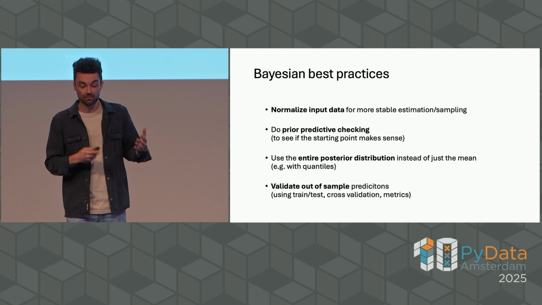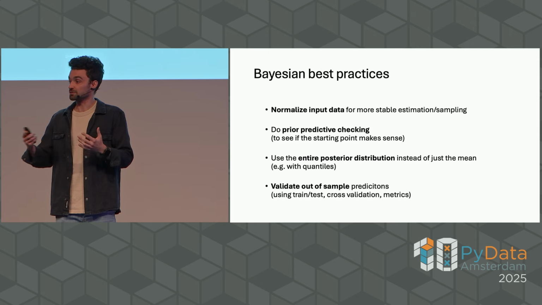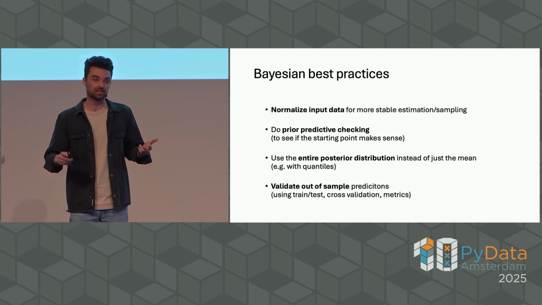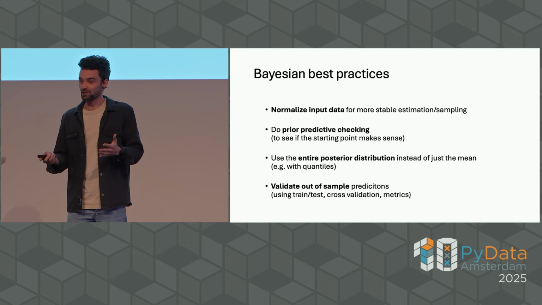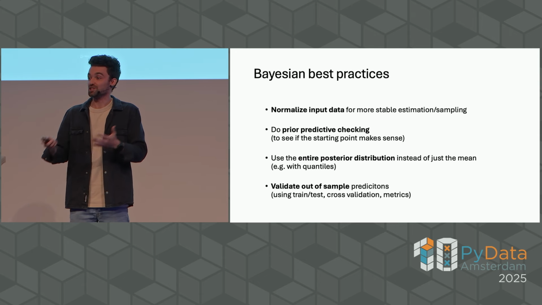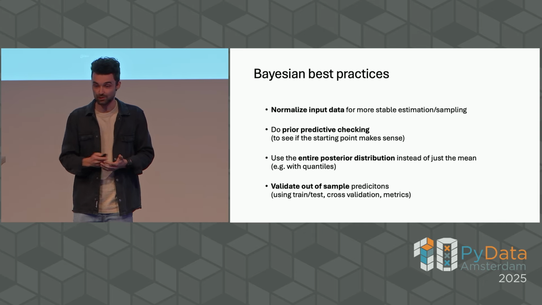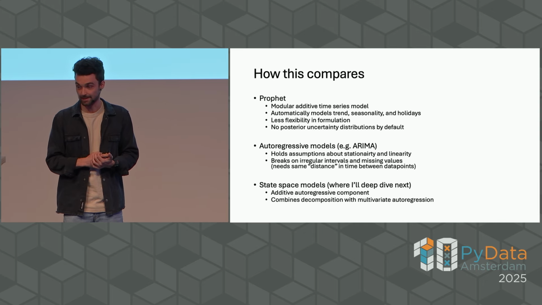And also things like validating out of sample is still very relevant. I didn't use any train test split, cross-validation, or metrics during this talk because it was not the focus of it, but all these things apply to Bayesian models as well. So I would recommend to do them as well.